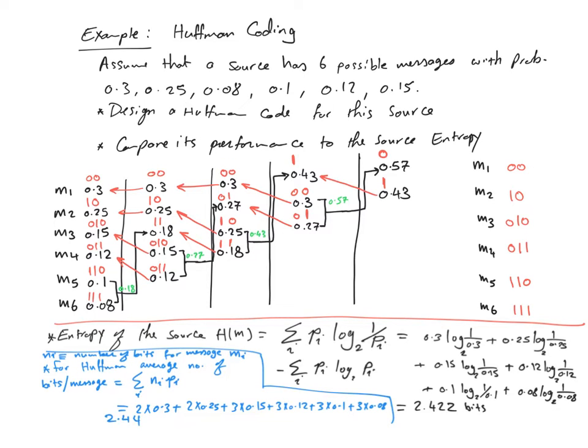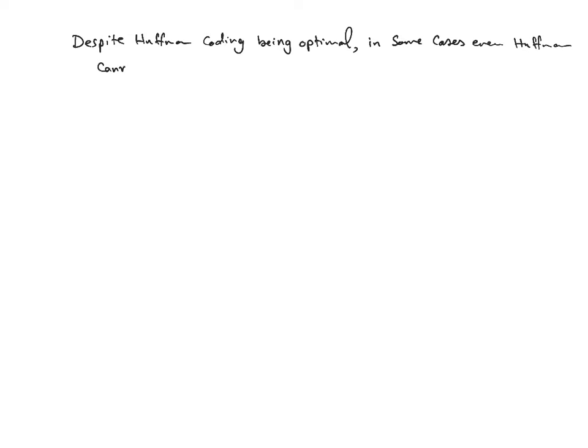So the note here is going to be that despite Huffman coding being optimal, in some cases, even Huffman cannot reach the source entropy.